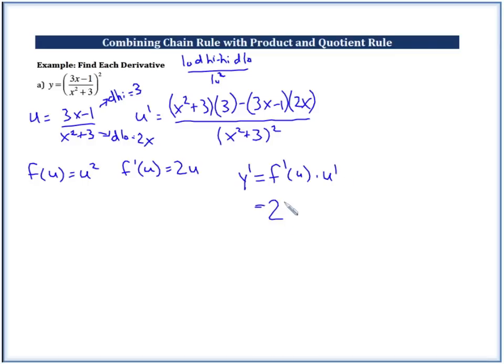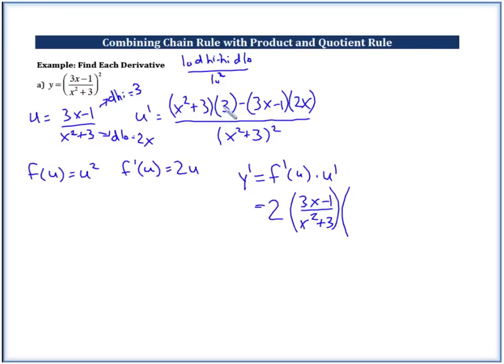So it equals 2u, and we can write u in here: 3x minus 1 over x squared plus 3, times u prime, all of this stuff right here.